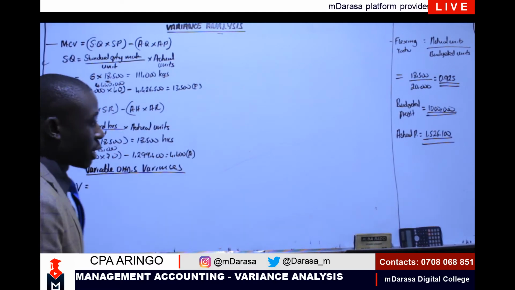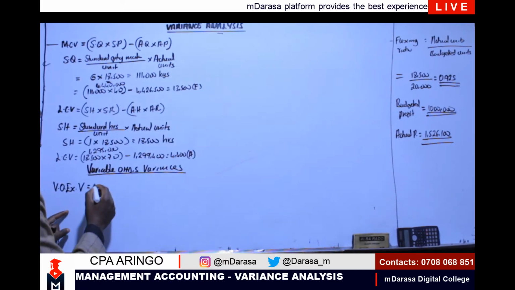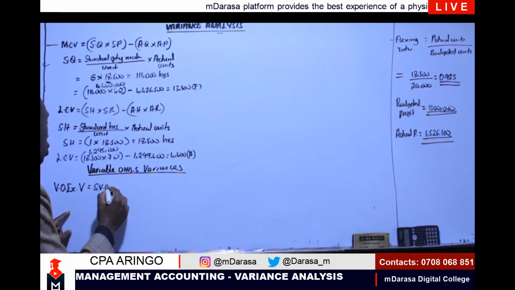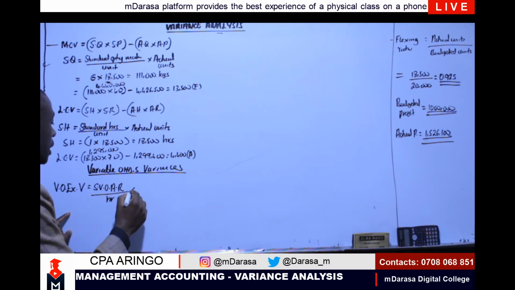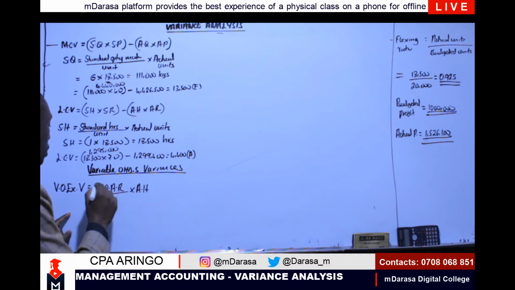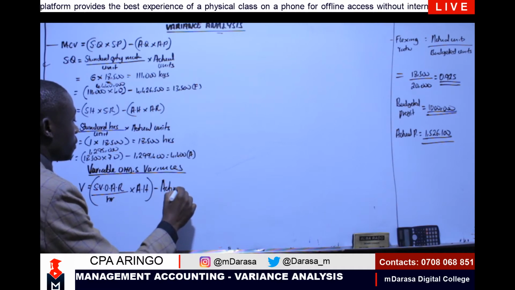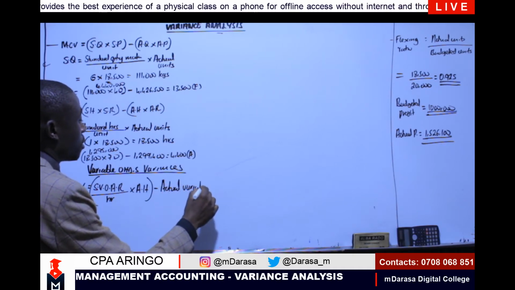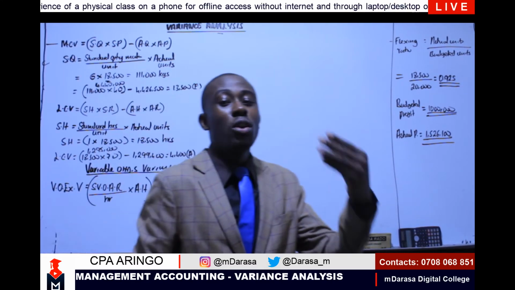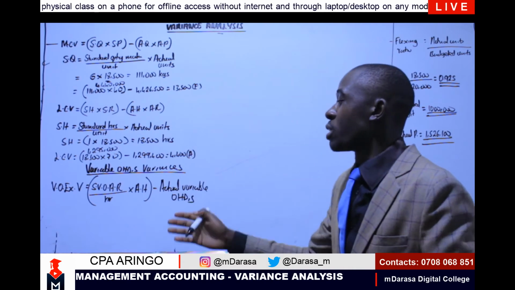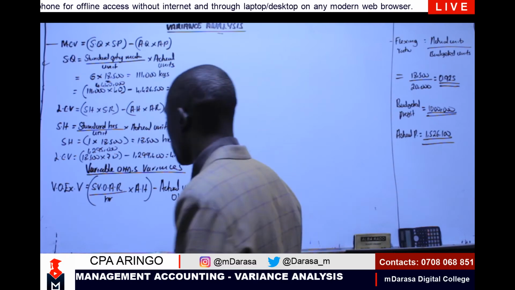To determine it, we take the standard variable overhead absorption rate per hour times our actual hours, less our actual variable OHDs. We know very well that is our formula, and we've been looking at this in our previous videos. We talked of this so much so that at least you got the concept clearly.